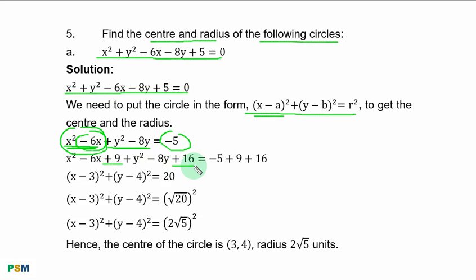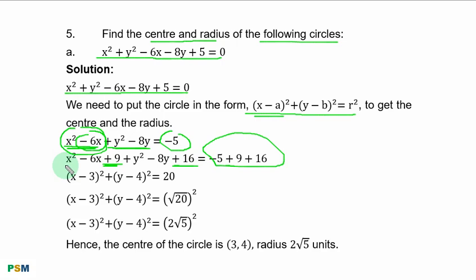In order to have a balanced equation, you add 9 and 16 to the right hand side, so that if you transfer plus 9 to the right, it becomes negative and it will remove plus 9. This is the reason of adding the 9 and 16 to the right hand side.